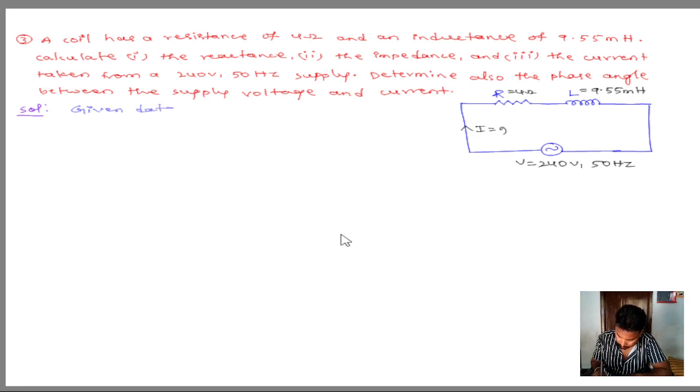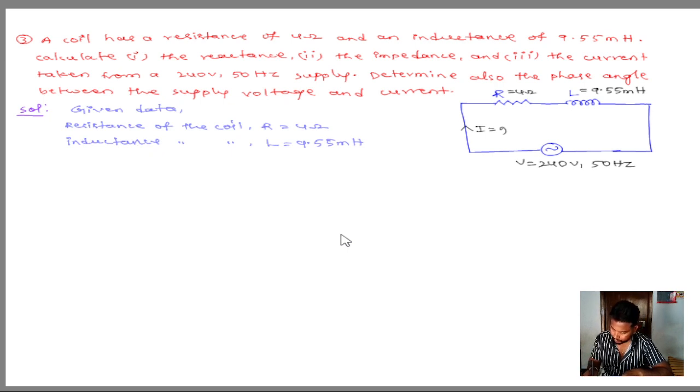Given data: a coil has a resistance of 4 ohms, means resistance of the coil R is equal to 4 ohms, and inductance of the coil L is equal to 9.55 millihenries, and then convert this milli into henries.